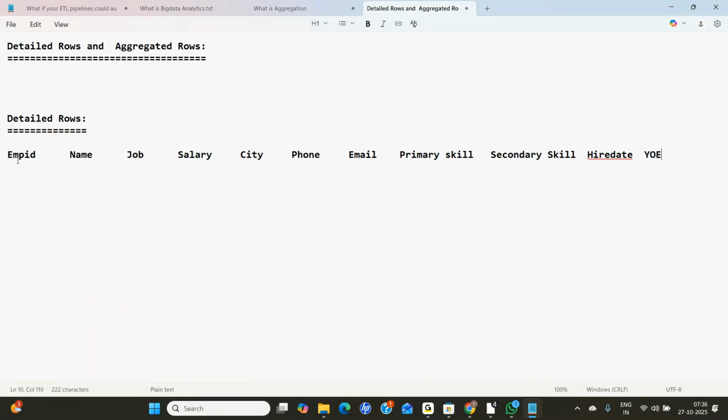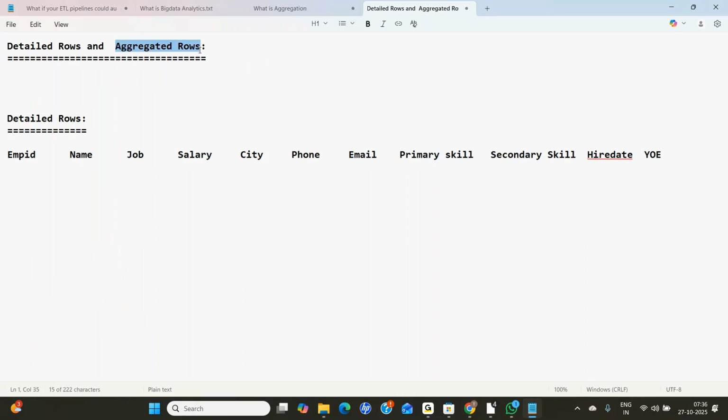Very detailed and granular information about a particular entity.